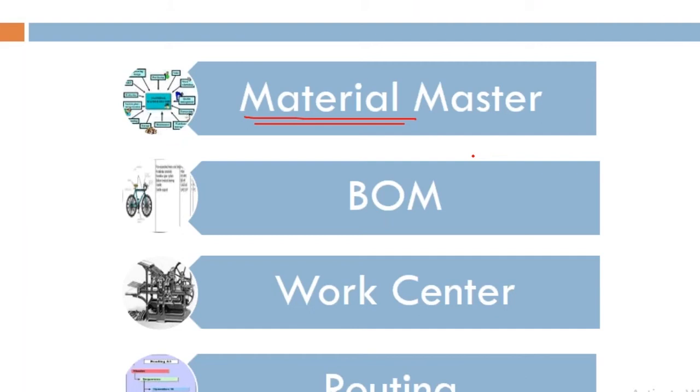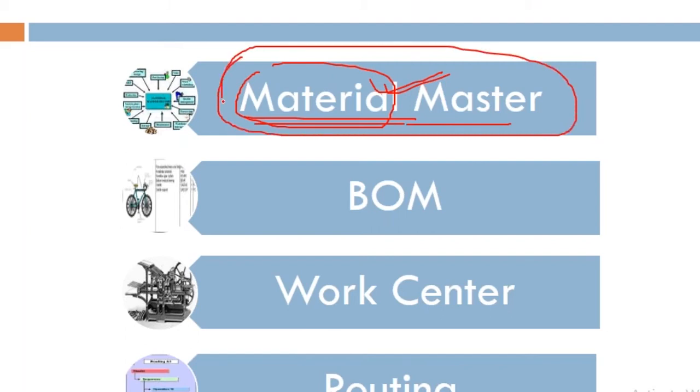So material. A material can be anything in the system. A material can be a raw material, packing material, semi-finished product, finished product, even machine spare parts, nut, bolt, gaskets, stationery, pen, paper, pencil, all these things are considered as materials in the system.